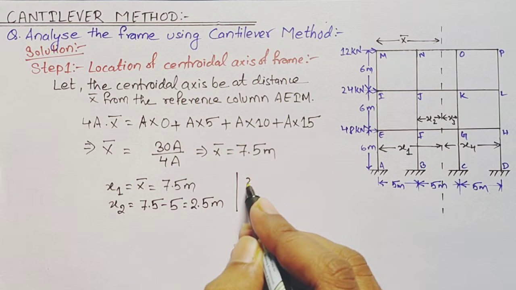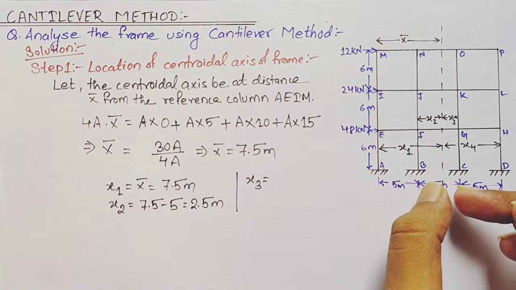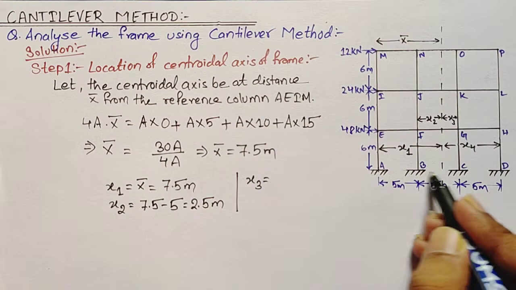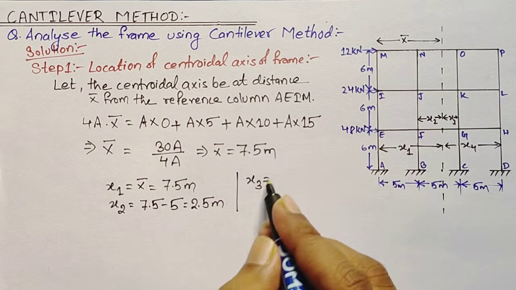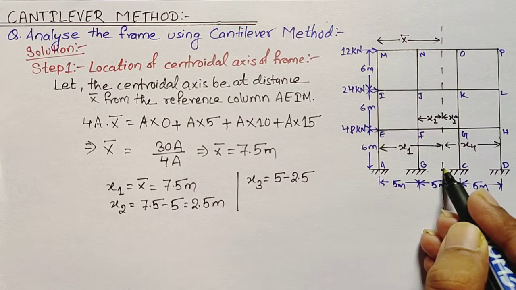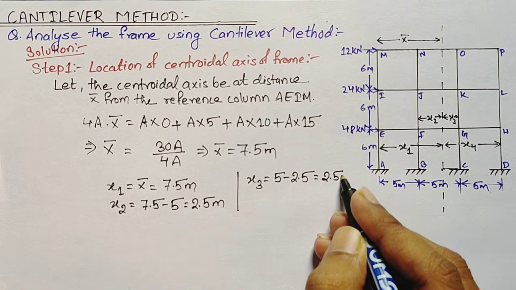Similarly, we need to calculate the value of x3. This span BC is 5 meters, and we know that the distance from here to here is 2.5 meters. So we do 5 minus 2.5, and the remaining value will be x3, so x3 equals 2.5 meters.